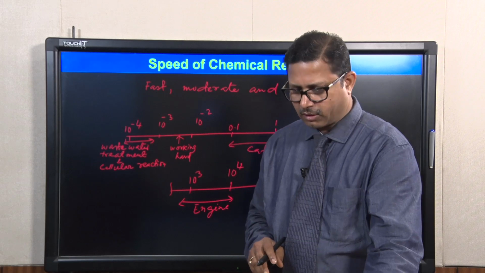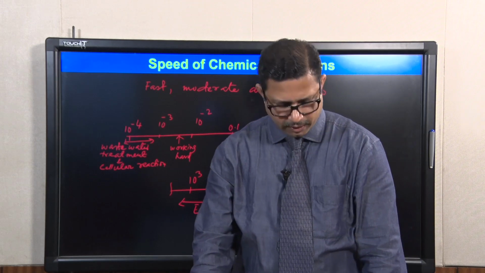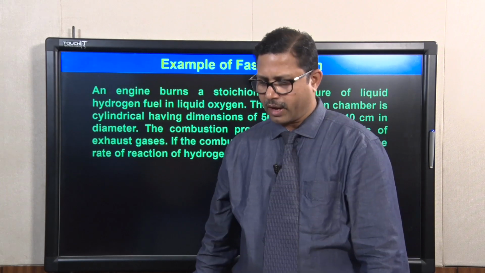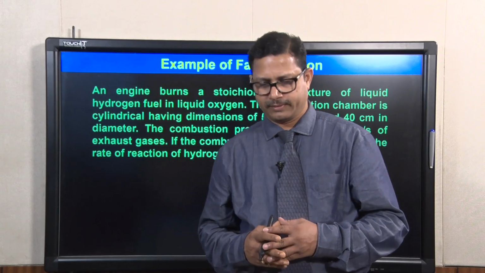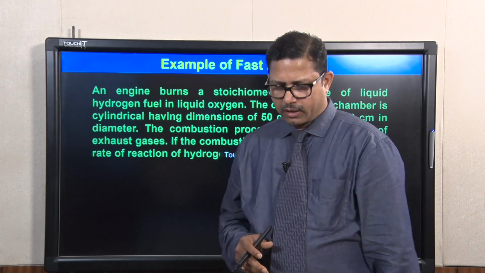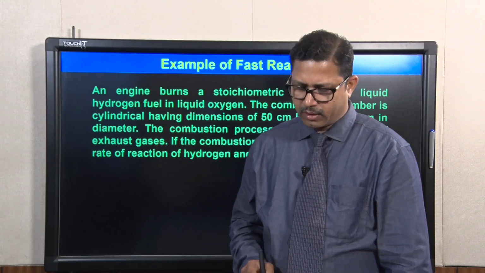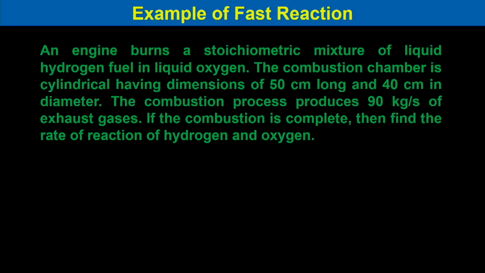Now, let us consider an example where the rate of reaction is very fast. An engine burns a stoichiometric mixture of liquid hydrogen and liquid oxygen, and it happens in the combustion chamber.